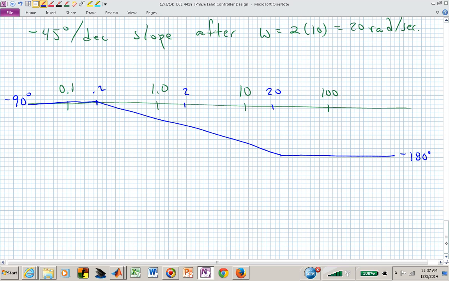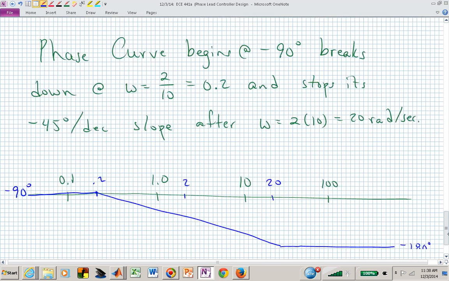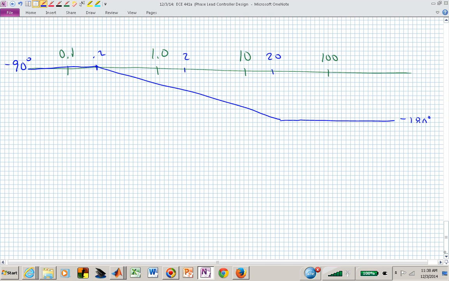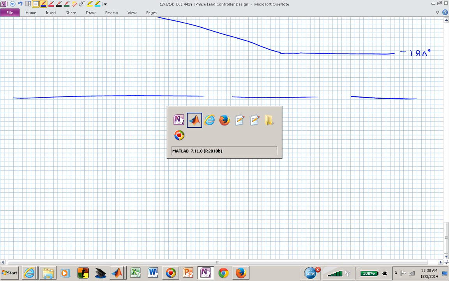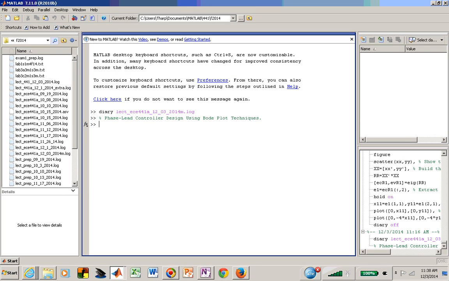We have the phase curve and the magnitude curve that we need to coordinate together in order to figure out what our phase margin is and if we need to change that. Let's now go to MATLAB and actually start to build up this Bode plot that we need.